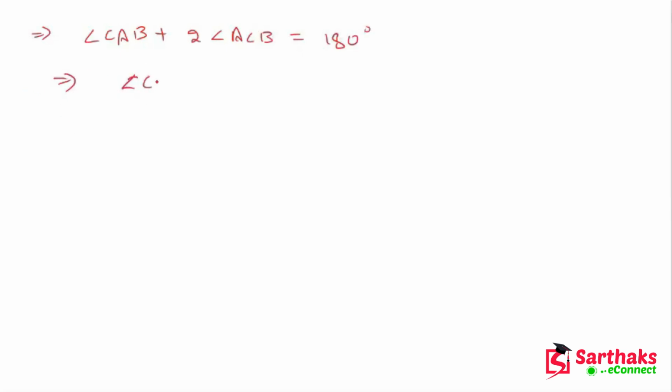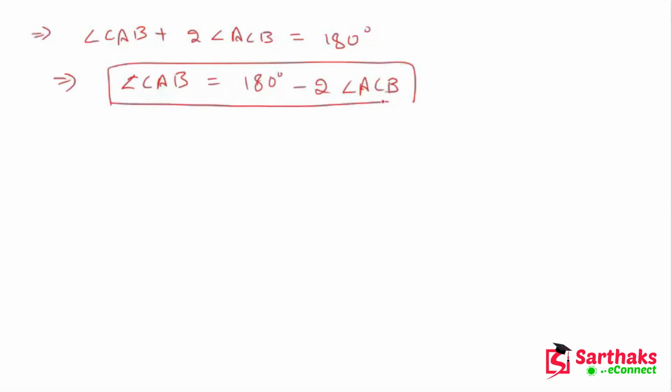So angle CAB equals 180 degrees minus twice angle ACB. This is equation number 1.